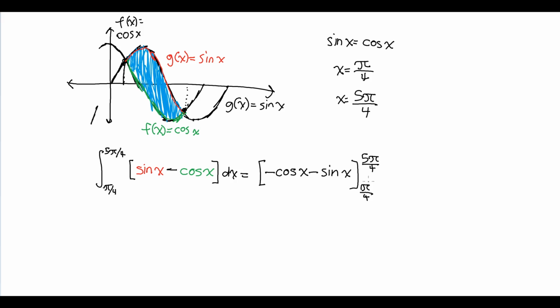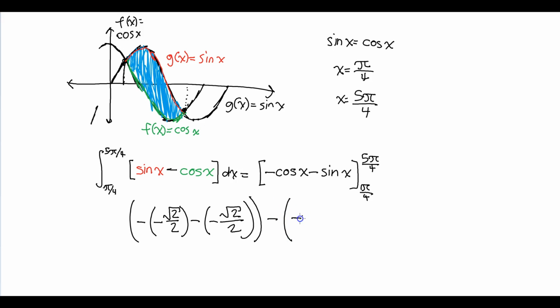So cosine of x and sine of x, so cosine pi over 4, so negative root 2 over 2 minus negative root 2 over 2, minus, we use the fundamental theorem, minus root 2 over 2 minus root 2 over 2.